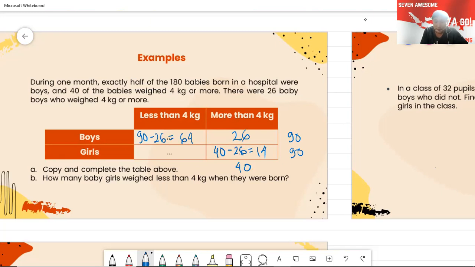Total babies 180 minus 64 minus 26 minus 14 equal to 76. 76 baby girls. That's it. Okay. Next question.